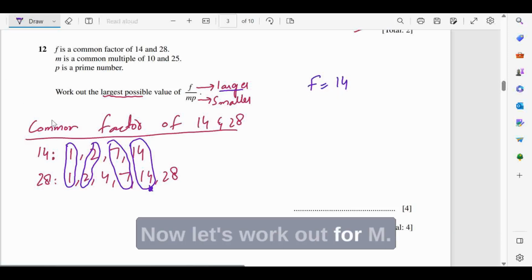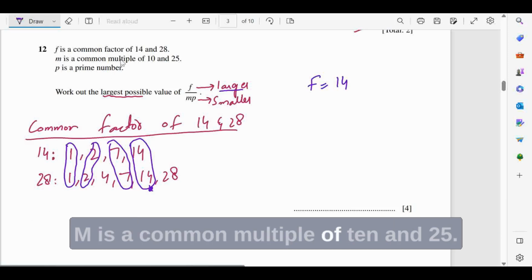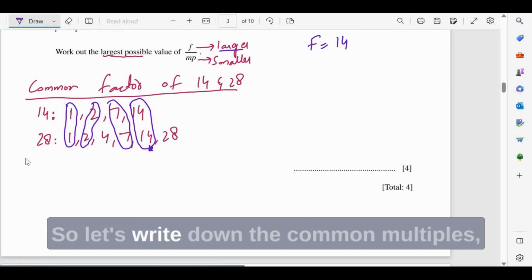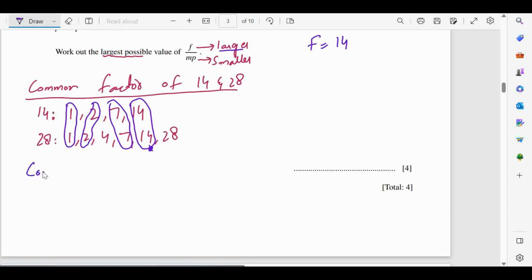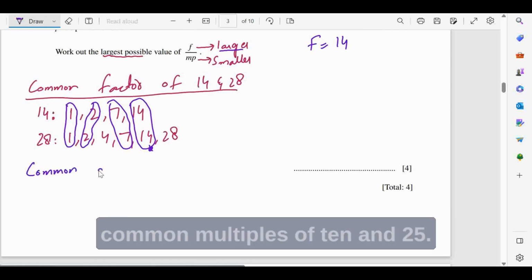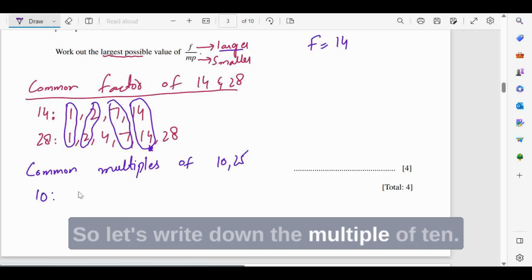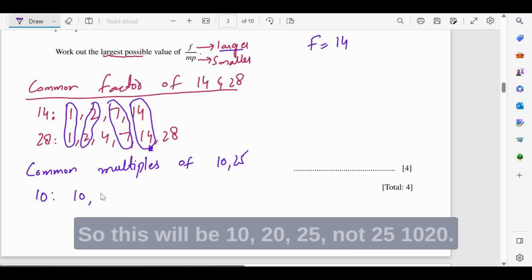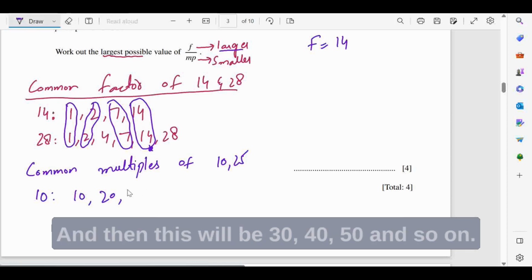Now let's work out M. M is a common multiple of 10 and 25. So let's write down the multiples of 10: 10, 20, 30, 40, 50, 60, and so on.